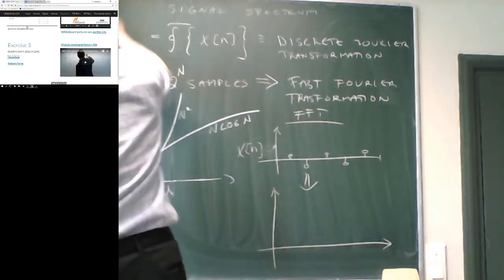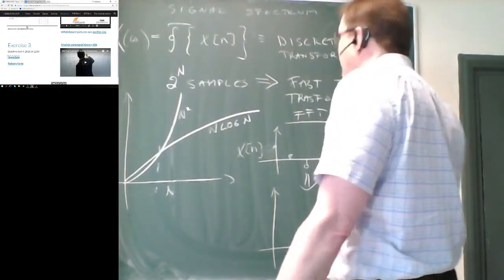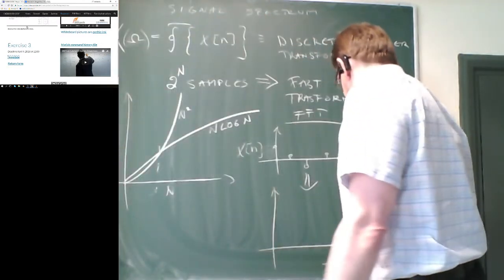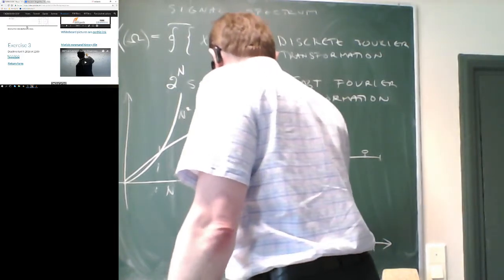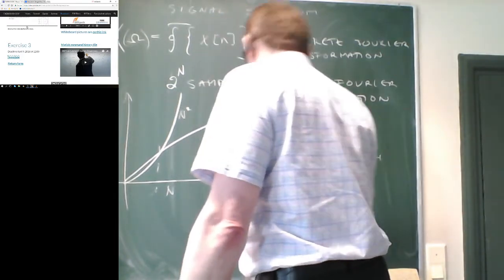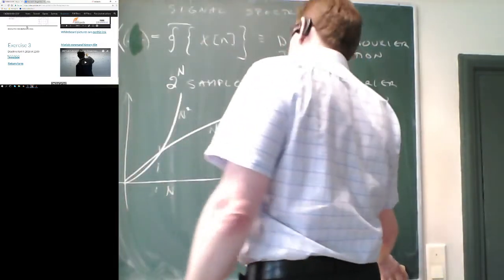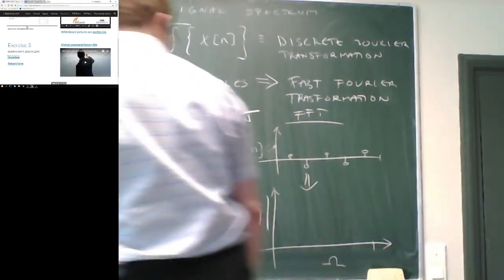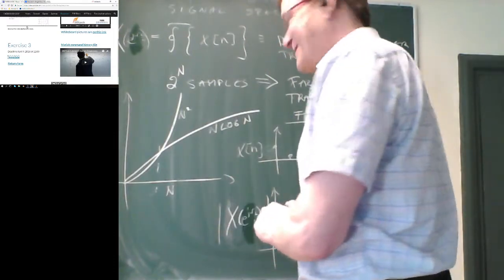I'll just mark it like that, X omega. Wrong marking: it's the Z transform of x evaluated at e to j omega. It's just a marking. Don't worry, we are not using that kind of marking in MATLAB.